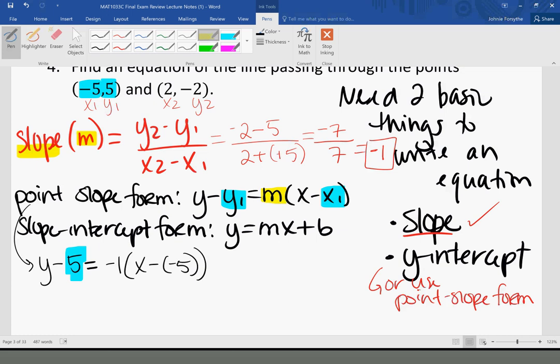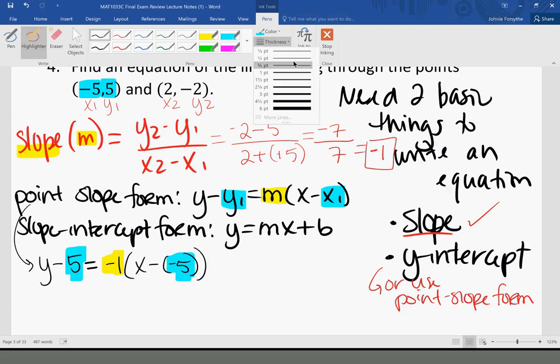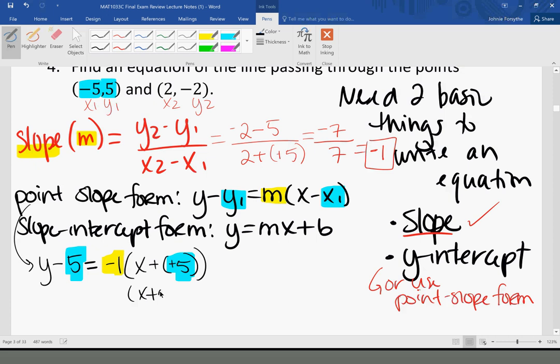That's your m. This is your x1. Okay, so x minus negative 5, add the opposite, that becomes x plus 5. That's being multiplied by negative 1, then we have y minus 5 on the left.